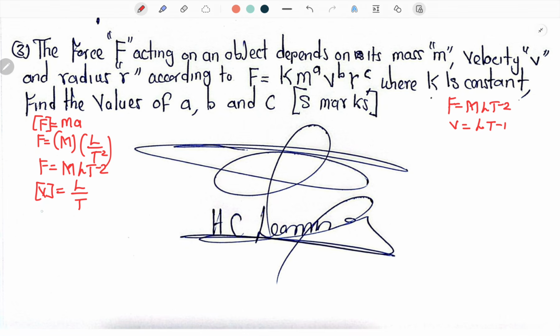Now the radius is simply r. Okay, the dimension of r or radius is going to be your L.